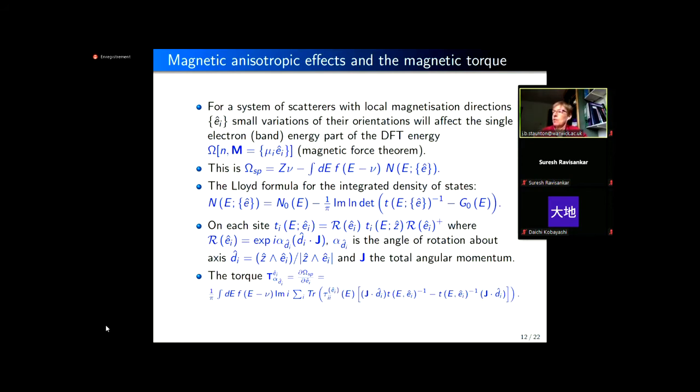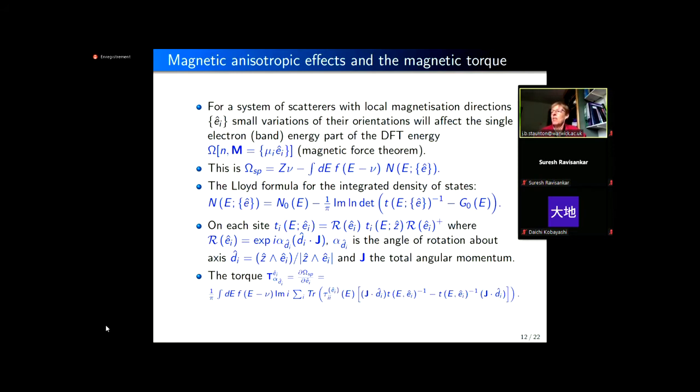And so my main focus is to look at magnetic anisotropy effects. So let's say we have a setup where we can sort out the scattering problem for a set of scatterers, and we can feed in what directions their magnetic components are aligned with.